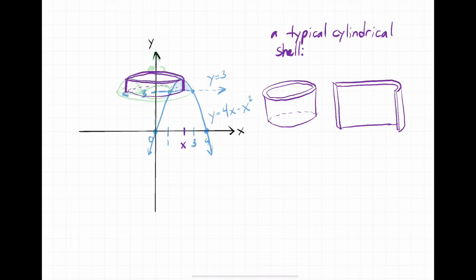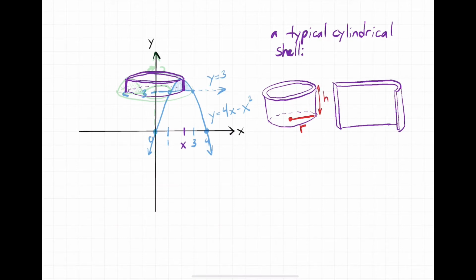It's not exactly a rectangle, of course, because the inner circumference on the inner surface of that cylindrical shell would technically be a little bit smaller than the outer circumference. But because we are assuming that our shell is very, very thin, we can get away with unrolling it and saying that it makes a nice rectangular prism. What are the dimensions of this? Well, the cylinder has a radius we'll call r and a height we'll call h.